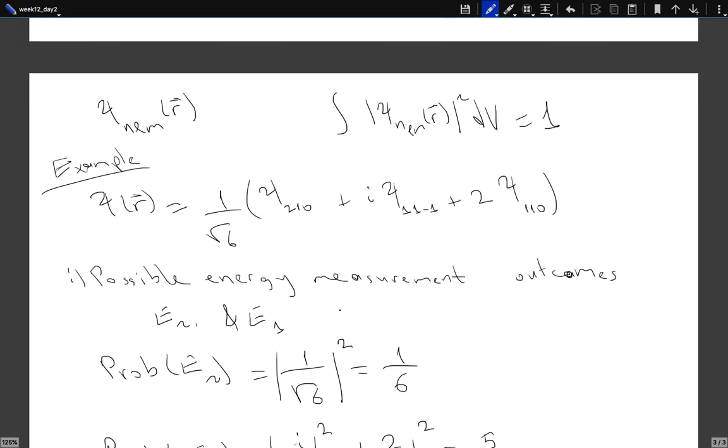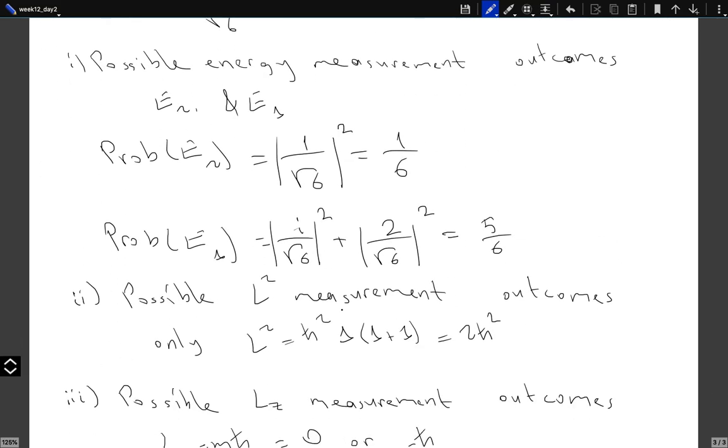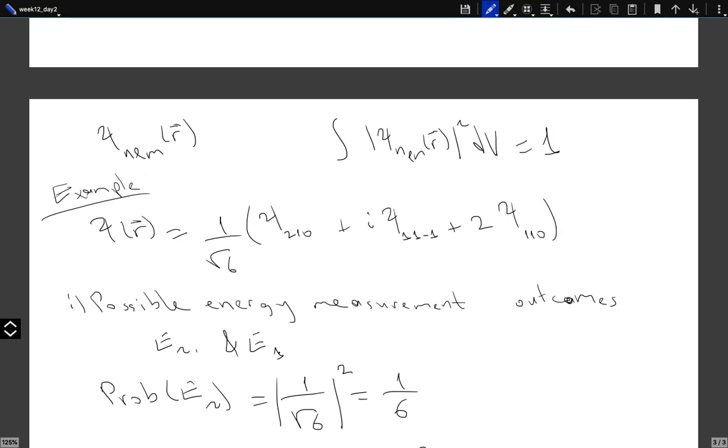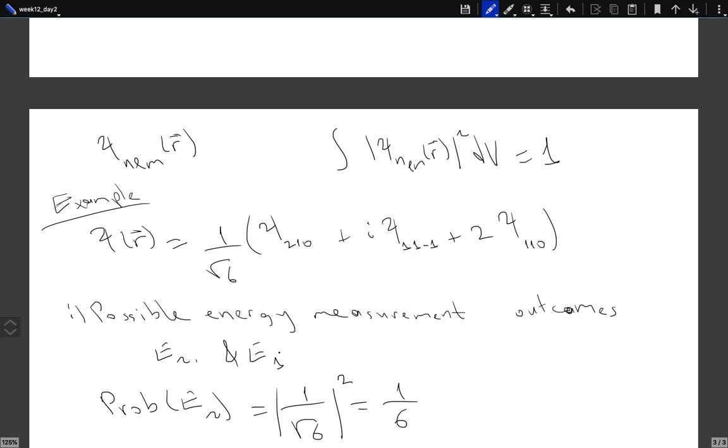And for the other Lz equal to 0 term, the coefficient is 2 over square root of 6. Take the absolute square. You see, now I am adding probabilities. And the probability that Lz is equal to minus h bar is just the second term, or the term in the middle. This has Lz equal to minus h bar. The coefficient is i over square root of 6. Take the absolute square.